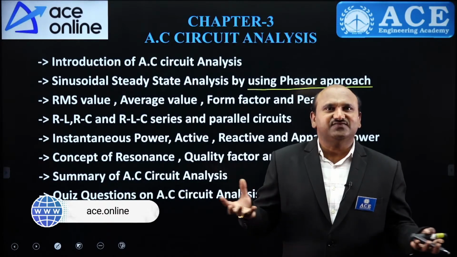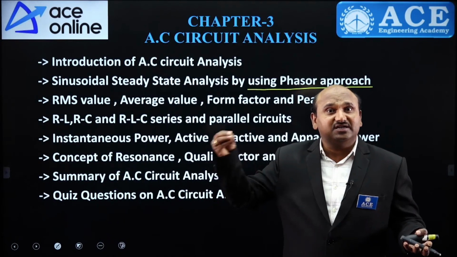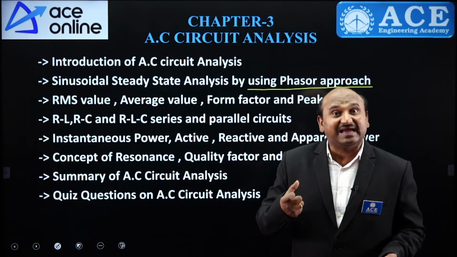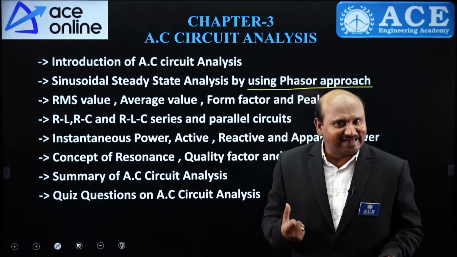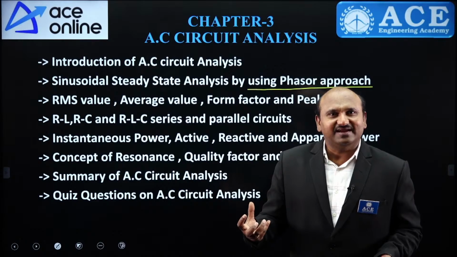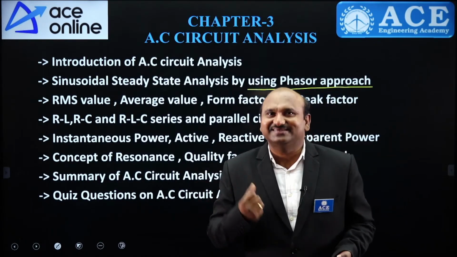There is no phase shift. While coming to bilateral elements, nothing but bidirectional elements, which are time variant elements, in AC circuit analysis, which are bidirectional, definitely there is a phase shift, and the operating frequency should be finite.